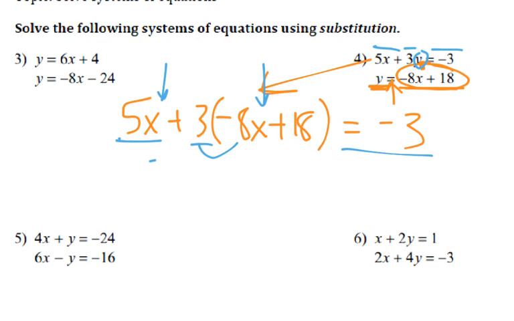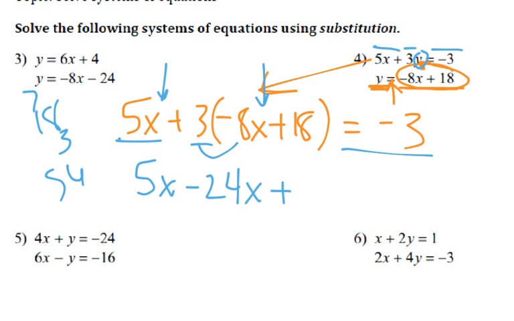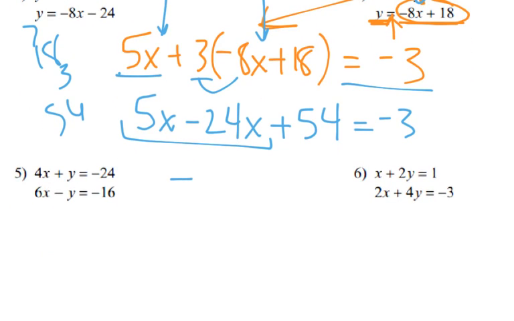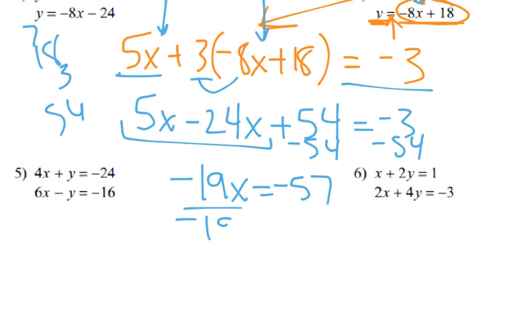Then we simplify, so 5x minus 24x plus 3 times 18 would be 54 equals negative 3. Combine those, 5x minus 24x would be negative 19x equals, subtract 54 from both sides, negative 57, divide by negative 19, and I believe that would give us a positive 3 for x.